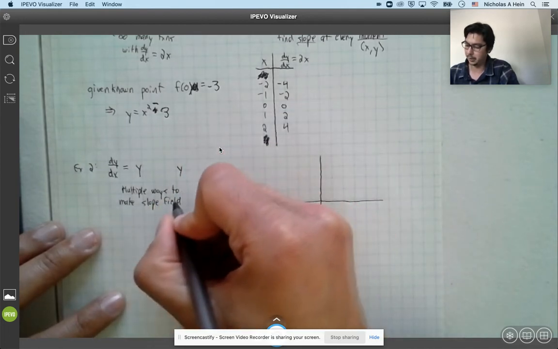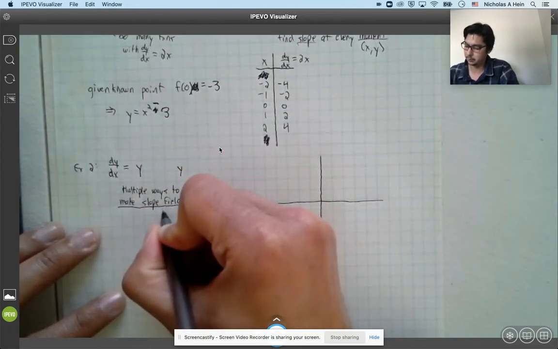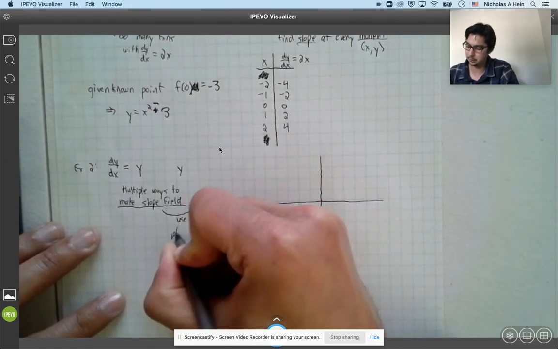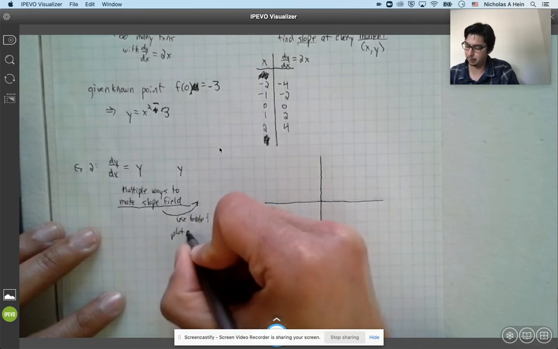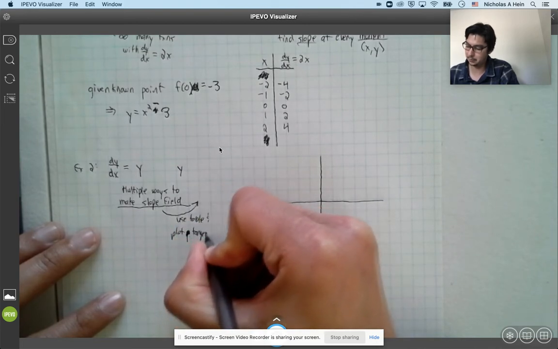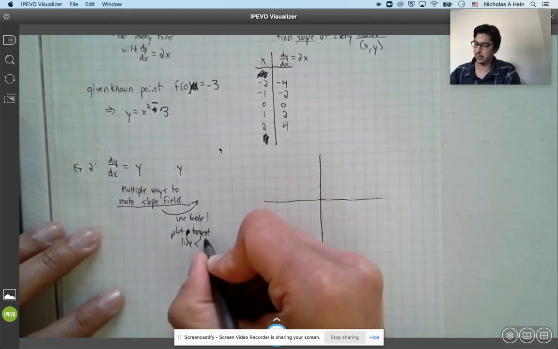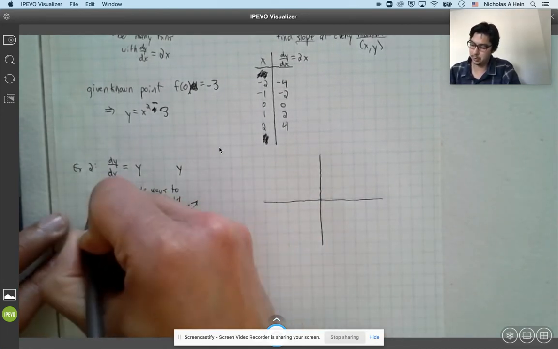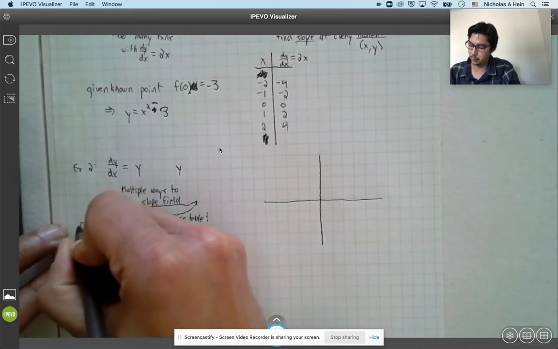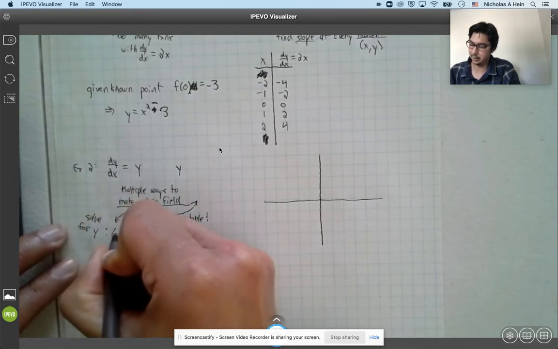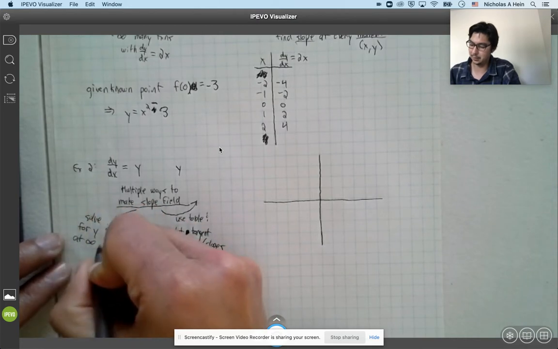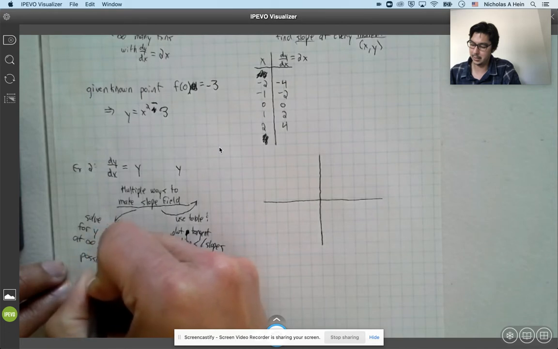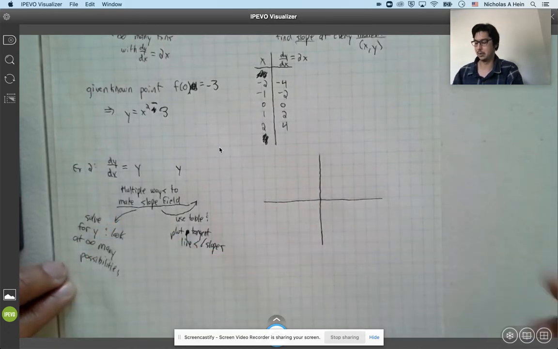One way, which I'm going to do right here, is to use a table and plot tangent lines, or slopes. And then the other one is to solve for y and look at the infinitely many possibilities, which is kind of like what happened previously.